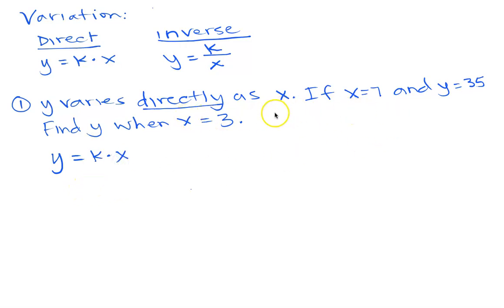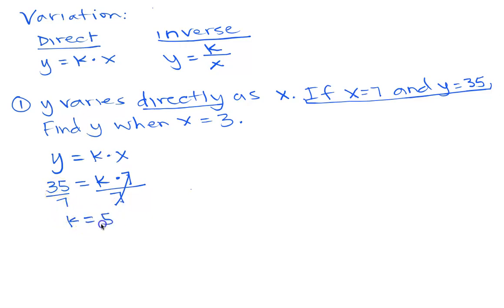This first sentence just tells us which formula to use. The second is what we do next: put 35 in place of y. We don't know what k is; that's what we're solving for. And x is 7. To get k by itself, we divide both sides by 7, so k equals 35 divided by 7, which is 5.